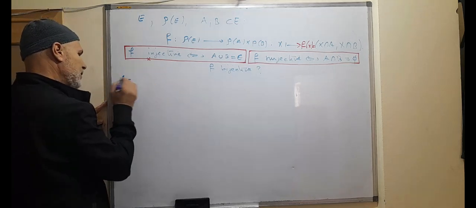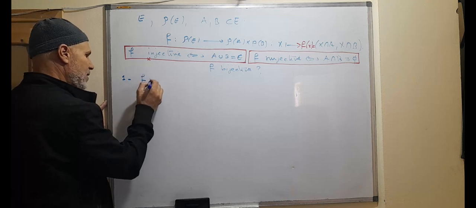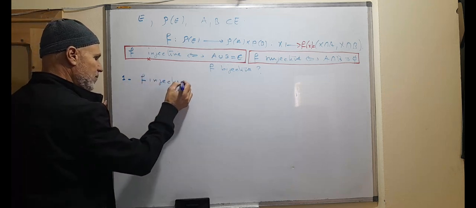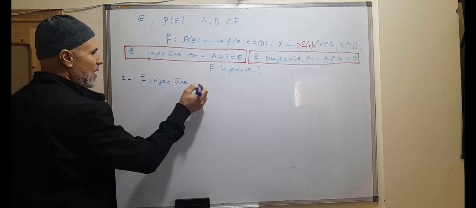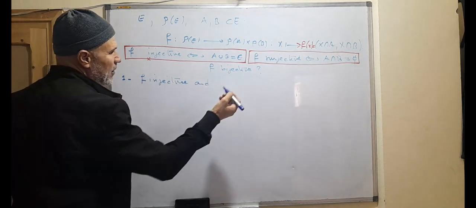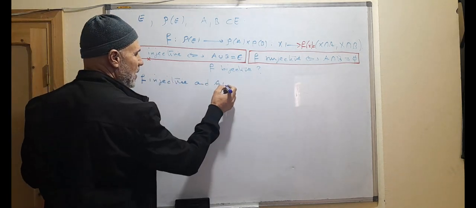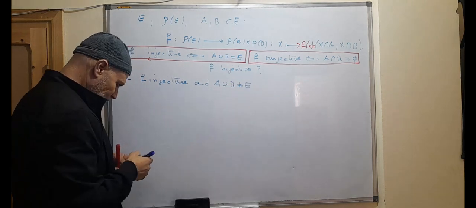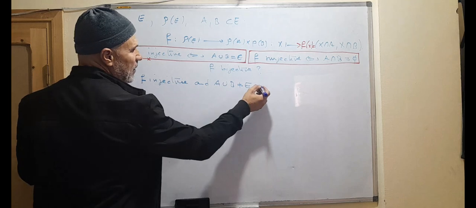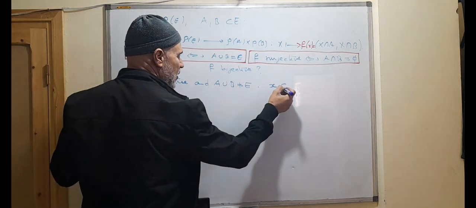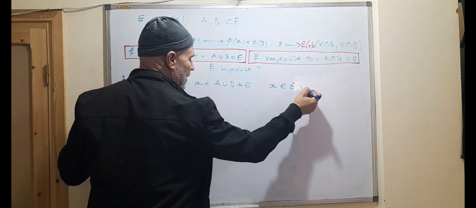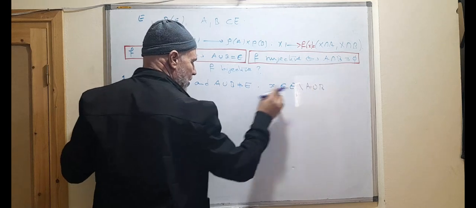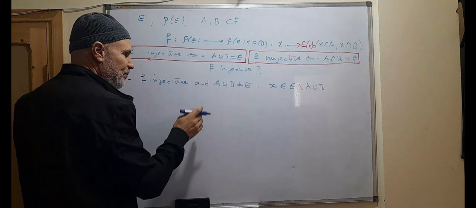First, we suppose that F is injective, and by contraposition, we suppose that A union B is different from E. Let X belong to E minus A union B, since they are different.